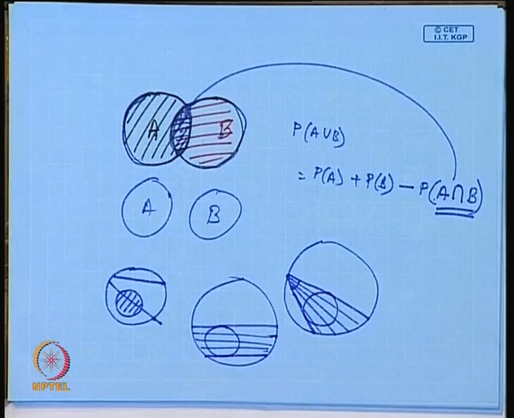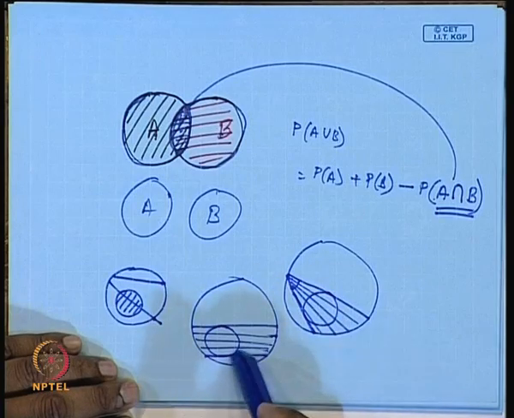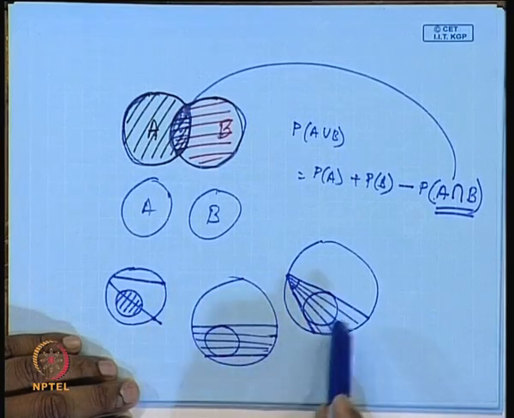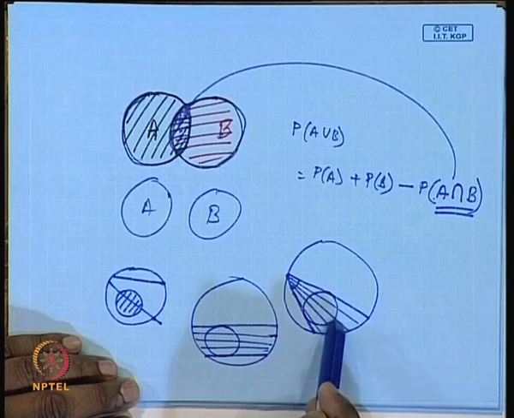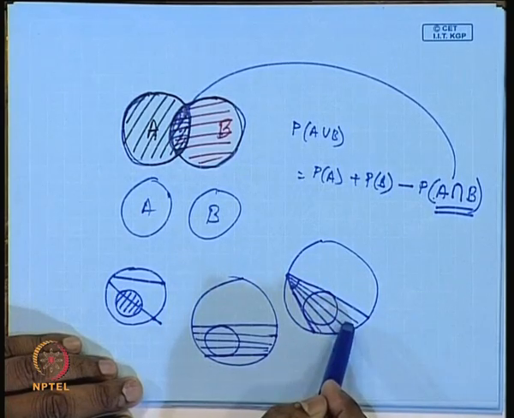There is a classical example known where these two probabilities sometimes may not match each other. So this is also one particular drawback of this classical theory.